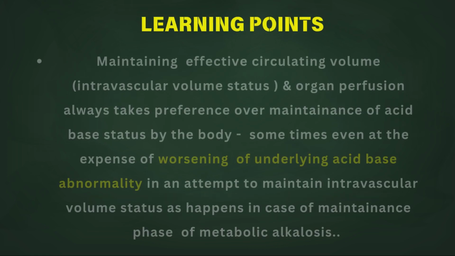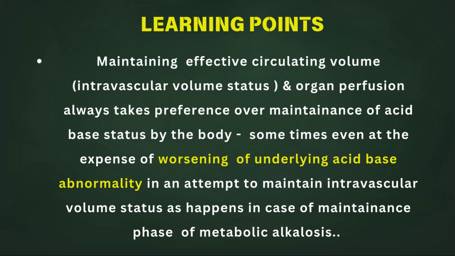The second important take-home message from today's discussion is that whenever the body faces a simultaneous challenge of disruption in homeostasis of both volume depletion and acid-base disorder, more priority is given by the body to compensate for volume depletion to ensure adequate end organ perfusion. This sometimes comes at the cost of worsening of the underlying acid-base disorder.